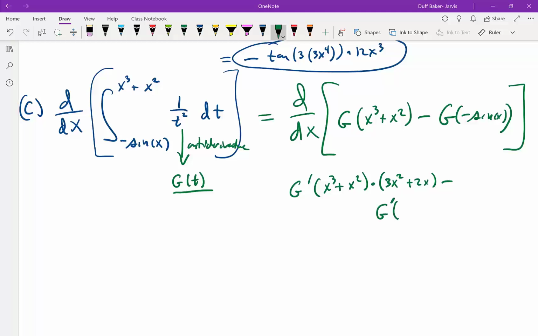Minus g prime of minus sine of x times the derivative of minus sine, which is negative cosine of x. So you get this mess.